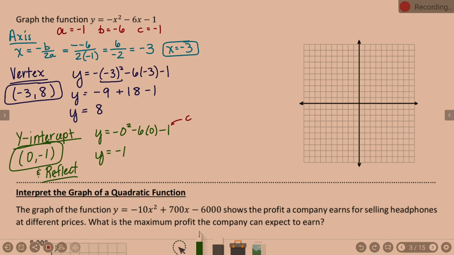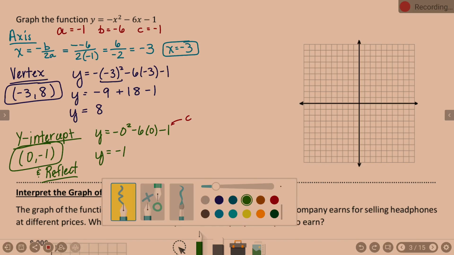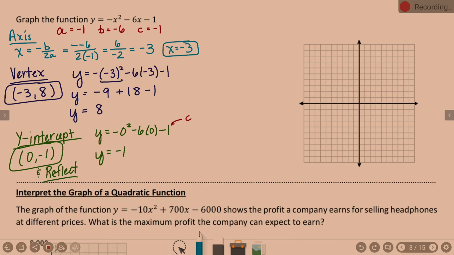Okay, we're ready to graph this? How do I graph my axis of symmetry? X equals negative 3, so on the x-axis, I'm going to go to negative 3. And it is that vertical dotted line.